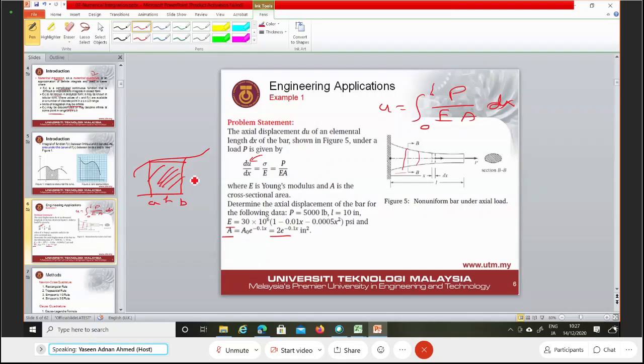If this is H, and this is B, the area will be BH, right? So this is the rectangular rule for numerical integration.